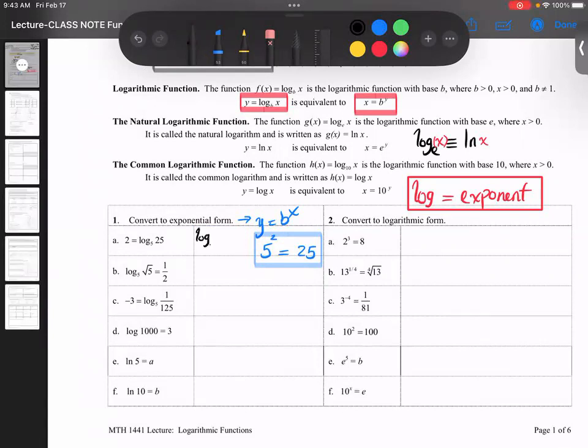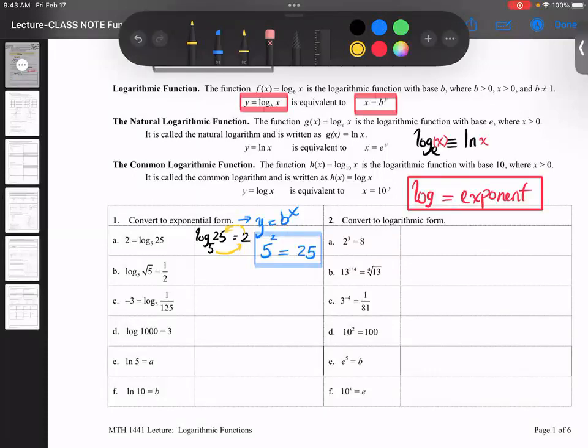So I'm just going to rewrite it: log base 5 of 25 equals 2. It's the same thing, right? Then I'm going to use what I call the tornado arrow. 5 squared equals 25. Base to the power equals the argument. When I say argument, I mean the number in front of log.